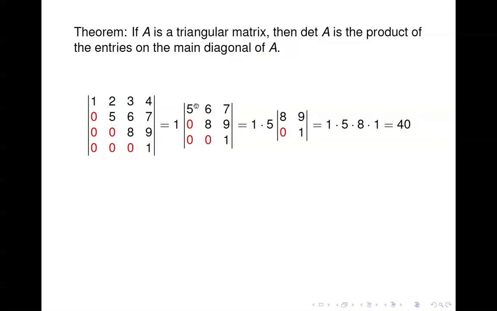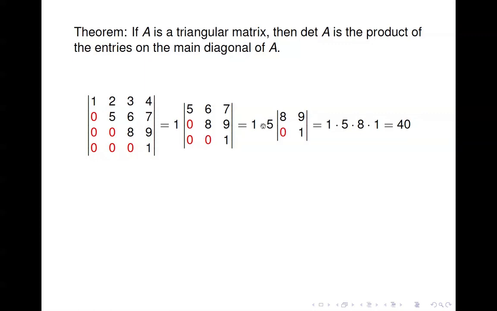And then if we take the determinant of this 3 by 3, notice we do the same thing, expand about the first column. So we've got 1 times 5, because 5 is in the 1, 1 position. So that's a plus: 1 times 5 times this 2 by 2 sitting right here. And notice again, all the other terms in that column are 0, so we don't need to worry about them.